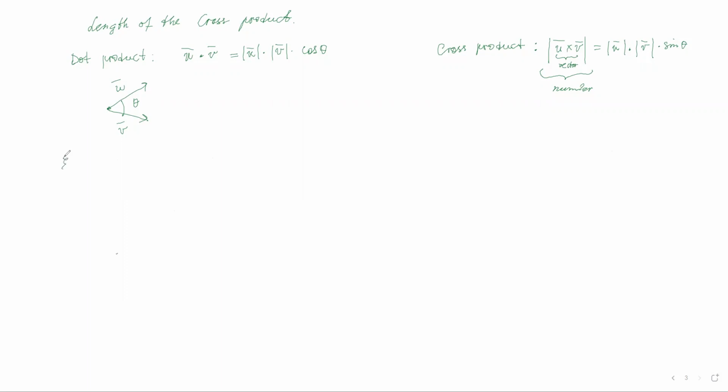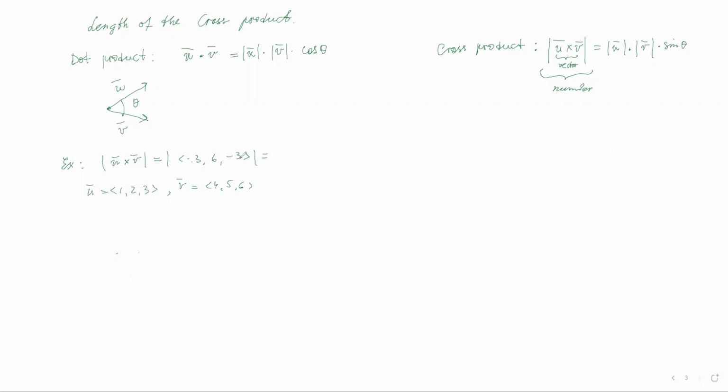So, example: I'm going to calculate the length of the cross product of u and v. Guys, we already know one cross product, between vectors u equals 1, 2, 3 and v equals 4, 5, 6. We already calculated the cross product between them, and it was -3, 6, -3.